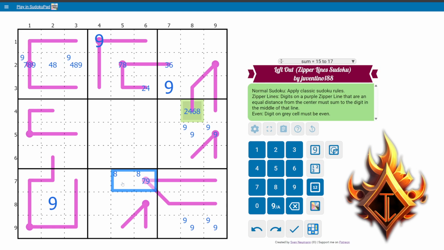I think I accidentally put 8 instead of 9. A 9 cannot go on this dot.